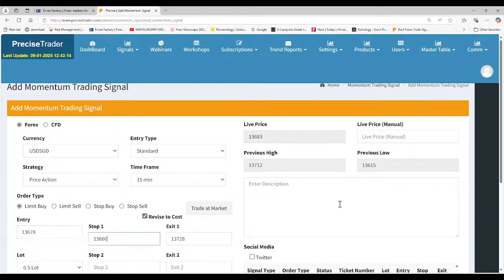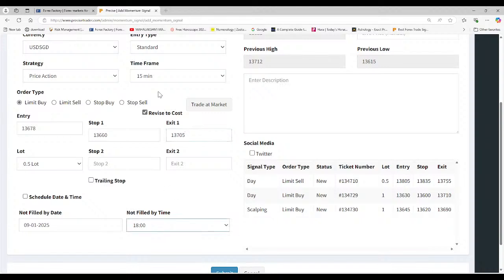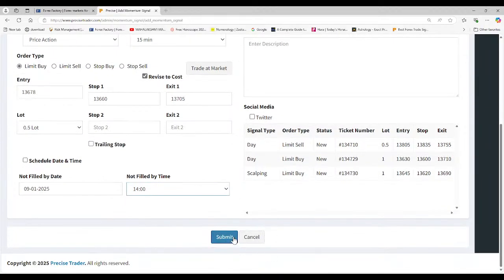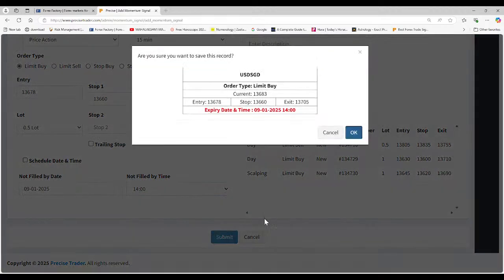We'll just put it at 60 and exit at 37.05, before 37.10. Again this is a half lot, and we give it until 2 o'clock, 1 hour is the time we give. And of course we have the other buying trades and selling trades, all let it work.